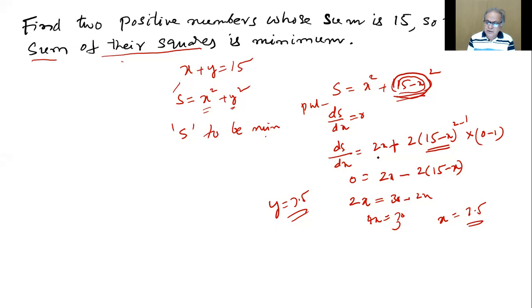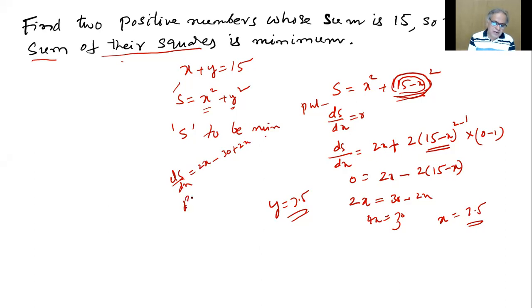If you want to check whether it is a minimum or not, find the second derivative. Instead of setting it to 0 here, find the derivative of that. You'll find that to be positive. dS by dx is 2x minus 30 plus 2x, if I simplify it.